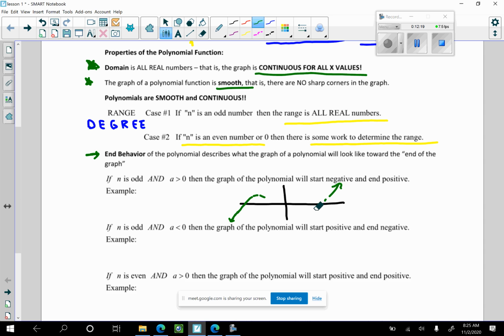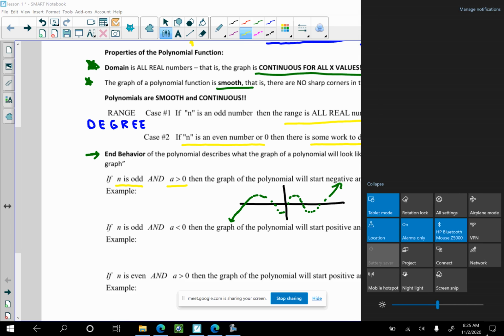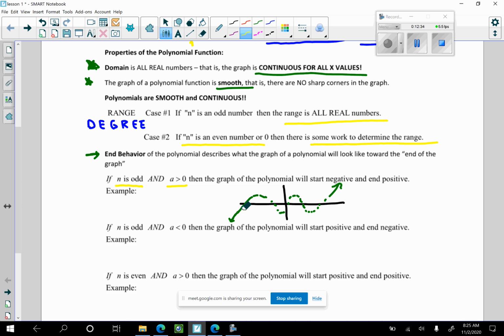There could be 1,000 different things that happen in here. We don't know. All we know is if n is odd, and the leading coefficient is positive, the thing starts negative down here. We don't know what it does between the beginning and end, but it starts negative and ends positive.